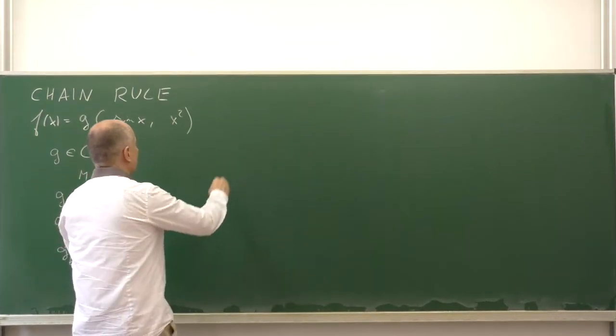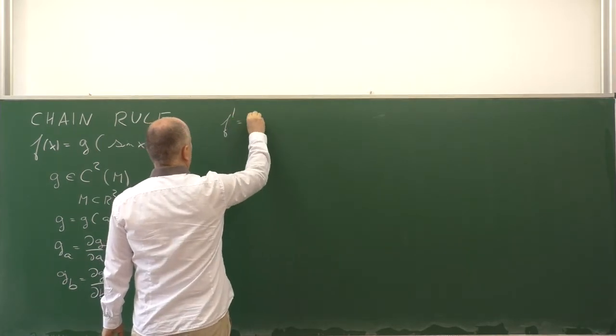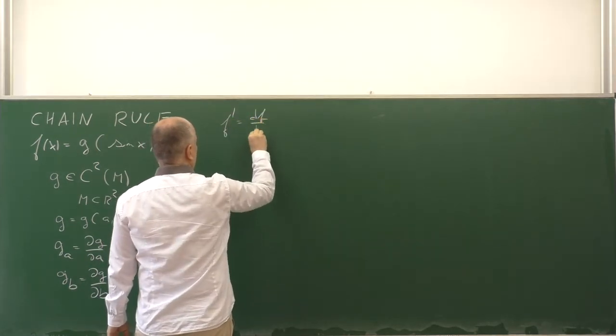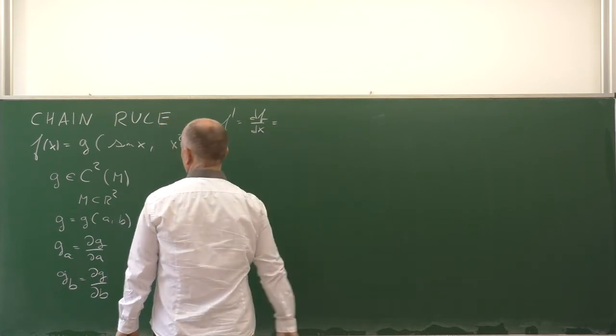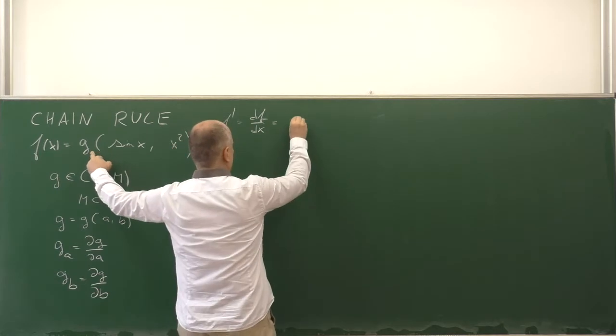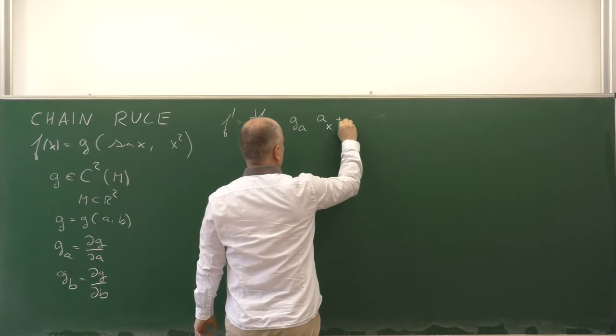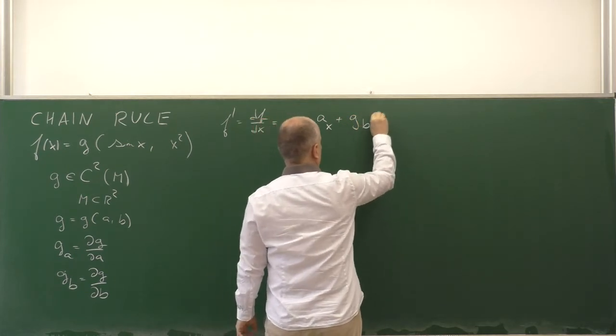And then we can write the derivative f prime, or if you like, df dx. And this is the derivative of g with respect to the first argument times da dx plus gb db dx.